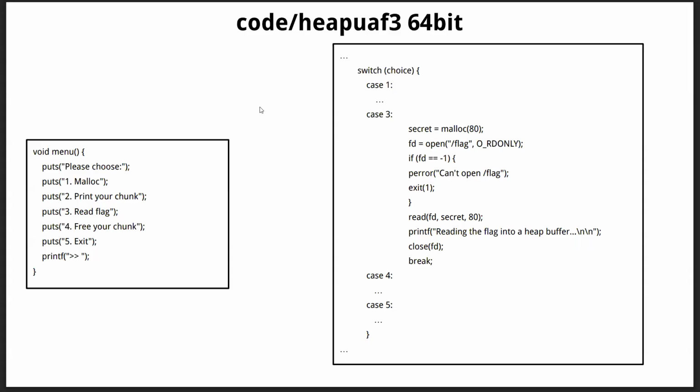So this is use after free. In use after free, you have a pointer pointing to a freed area. That pointer should be whatever you malloc.